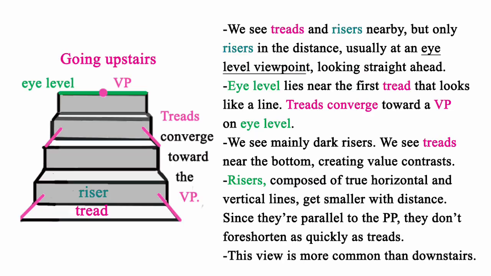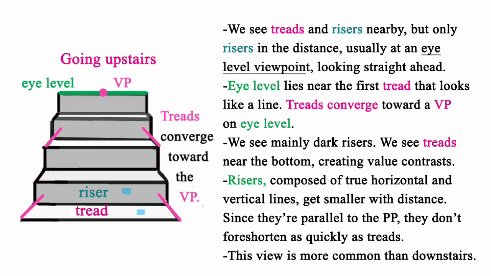When looking straight ahead at a flight of stairs directly in front of us, we see the treads where our feet land and the risers, which are these gray rectangles. The treads are usually light in value because they receive overhead lighting, while the risers are usually darker since they're shielded from the light.